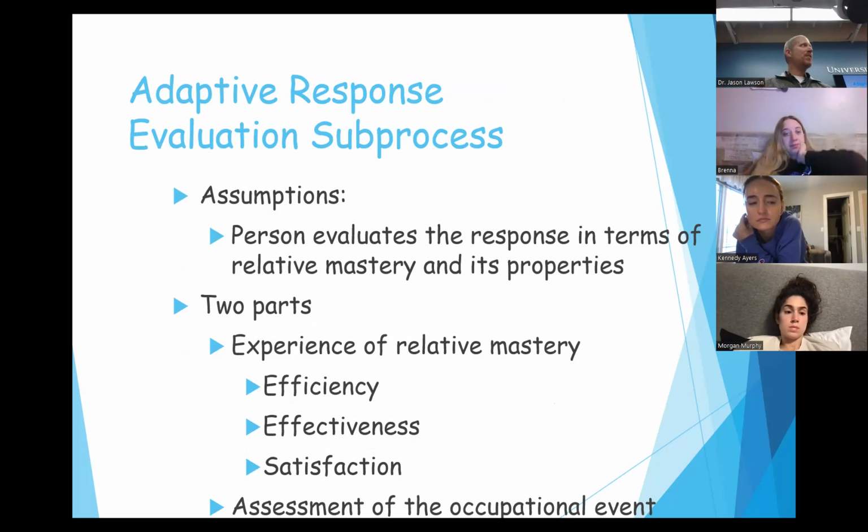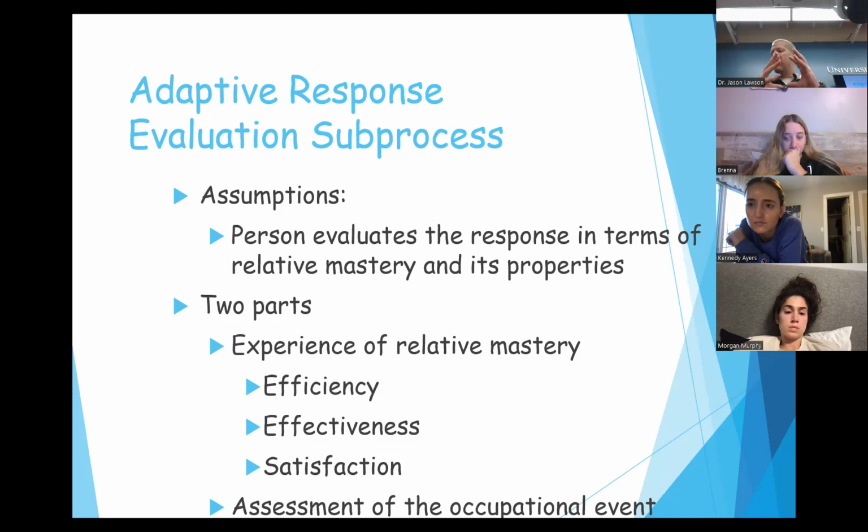How did they adapt to the situation? We want our client to be able to evaluate themselves in their response and all of its properties. There are two parts to the adaptive response evaluation subprocess, the component below the adaptive response generation subprocess.